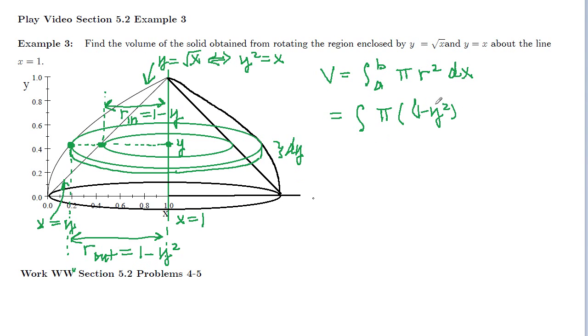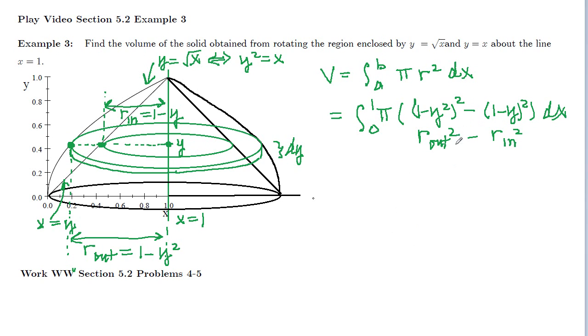That gets squared. Minus our inner radius squared, which is 1 minus y, that gets squared, dy. So again, this is outer radius squared minus the inner radius squared. And we are going to add those washers up from 0 up to 1. So integral 0 to 1.